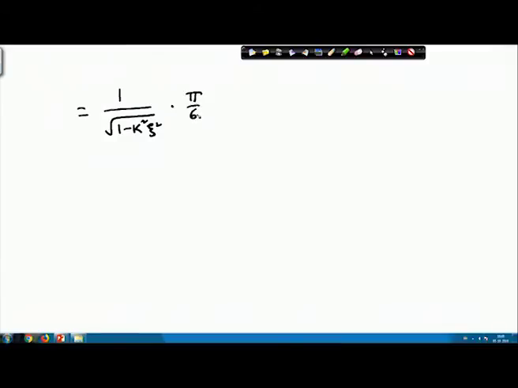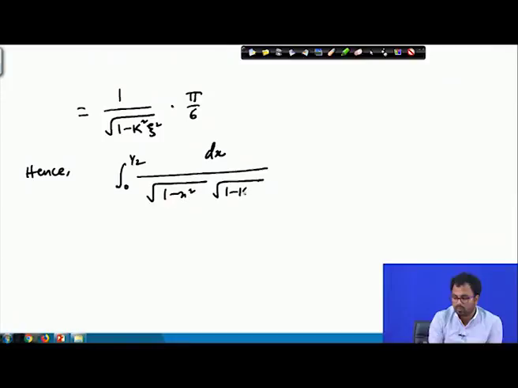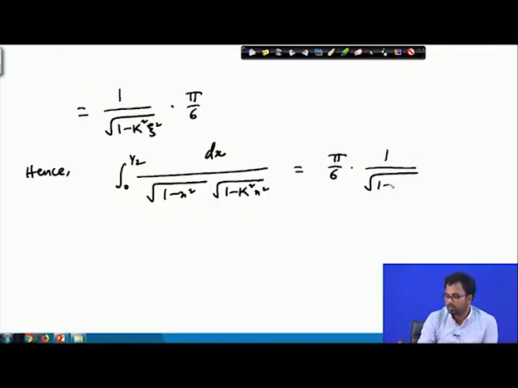Hence the integral from 0 to half dx divided by square root of 1 minus x square times 1 minus k square x square is equal to pi by 6 times 1 by square root of 1 minus k square xi square.